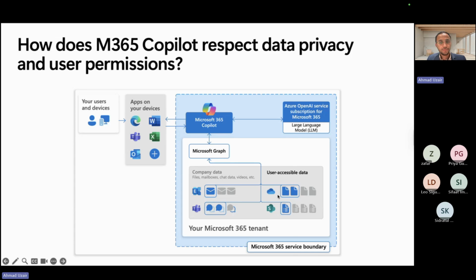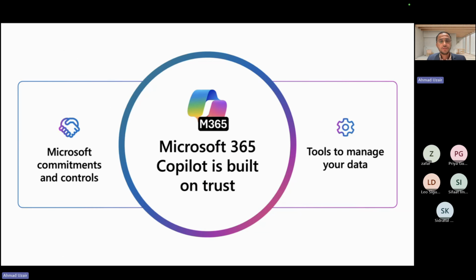Of course, Microsoft 365 Copilot is built on trust, and Microsoft has its commitments and controls in place to make sure that they give the most secure and the best experience. And of course, you have the tools to manage your data available as well, which is where our role comes into play.